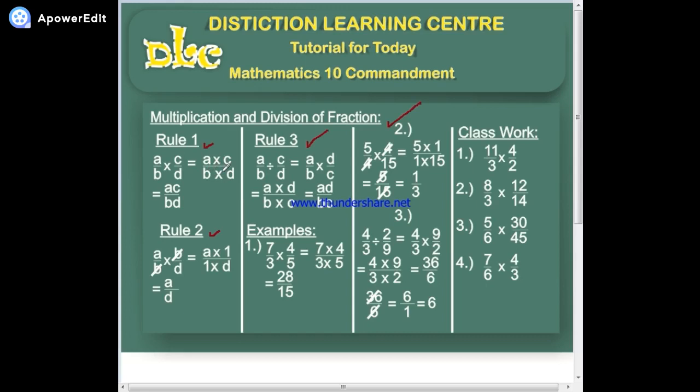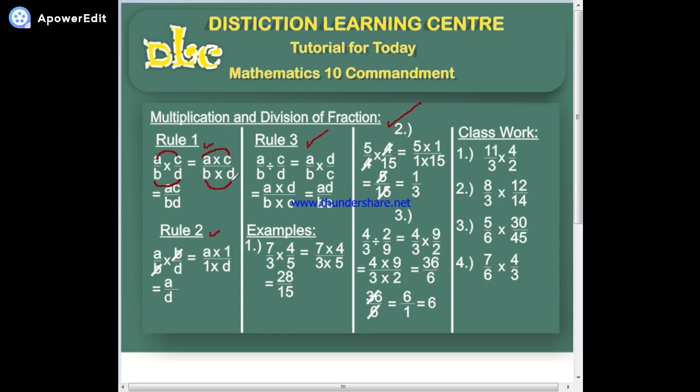You multiply the numerator of the first fraction by the numerator of the second fraction, which is A times C. And you also multiply the denominator of the first fraction by the denominator of the second fraction, which gives B times D.